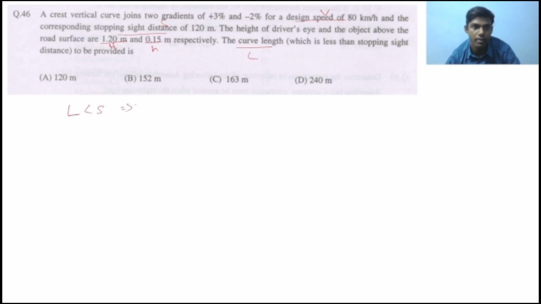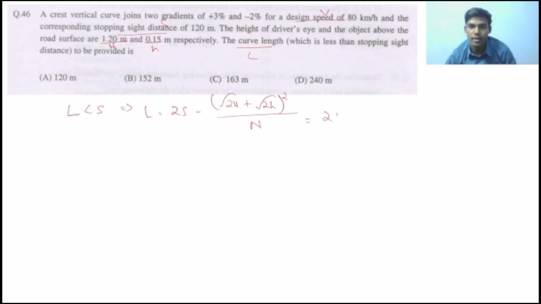Therefore, the formula will be L is equal to 2S minus, root of 2 into capital H plus root of 2 into small h, whole square, divided by N. Capital H is 1.2 meter and small h is 0.15 meter.